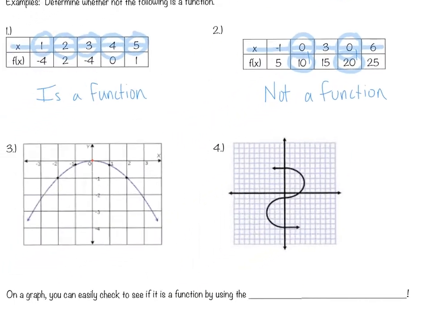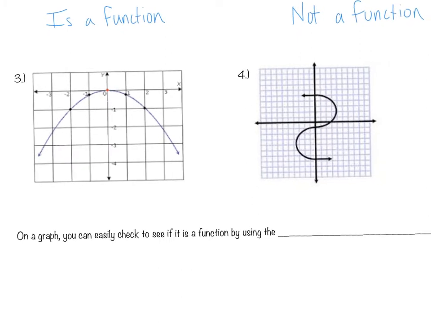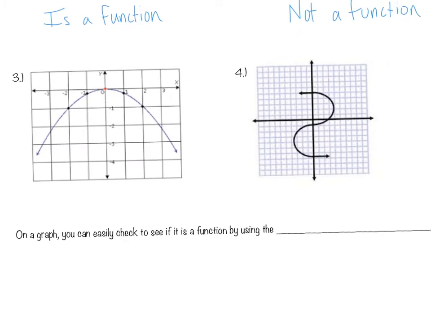What about graphs? You might have seen this in Algebra 1. With graphs, we have this technique which is called the vertical line test, which means if I draw a series of vertical lines, the lines only cross the actual graph one time.